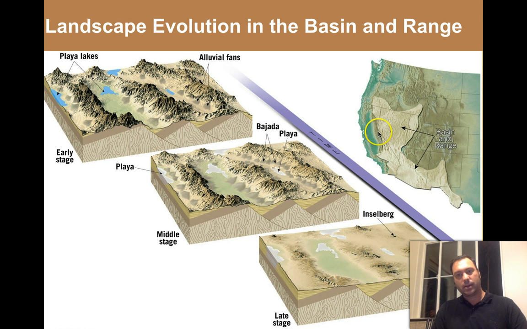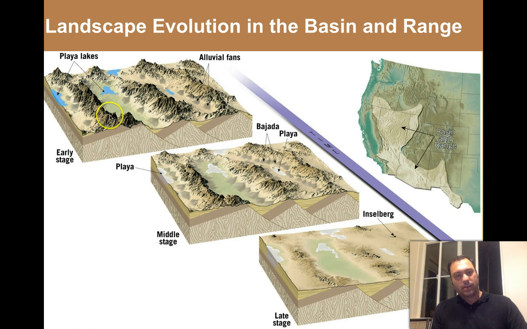So here are the tallest peaks of North America within the United States, and right adjacent to it is the lowest point in all of North America, Death Valley. This is where the most active tectonics seem to be happening now, but that doesn't mean it's not extending all the way over into western Utah.